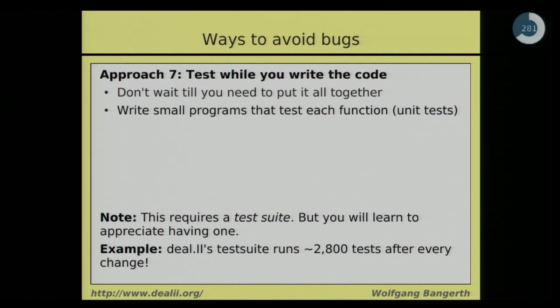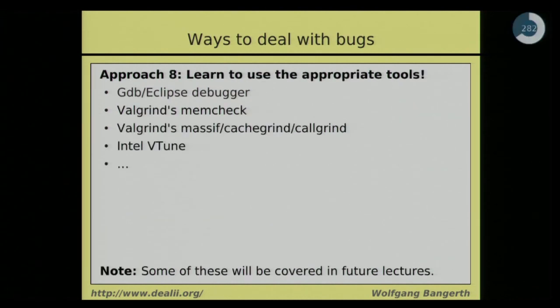And the last one is, of course, when you write code, you need to test it. That is something that maybe I'll come back to in a different lecture, because it requires a little bit of infrastructure. But it really helps you avoid bugs if you write dedicated tests for whatever you do. Beyond this, there are many tools that you can use.